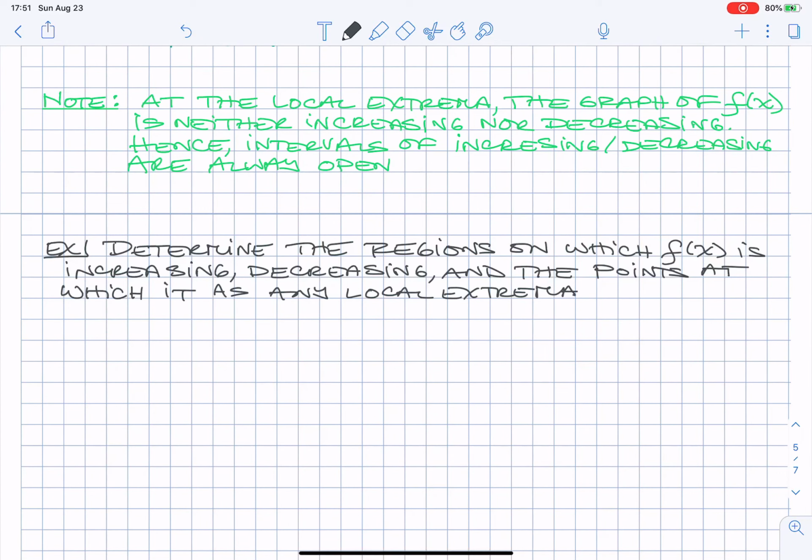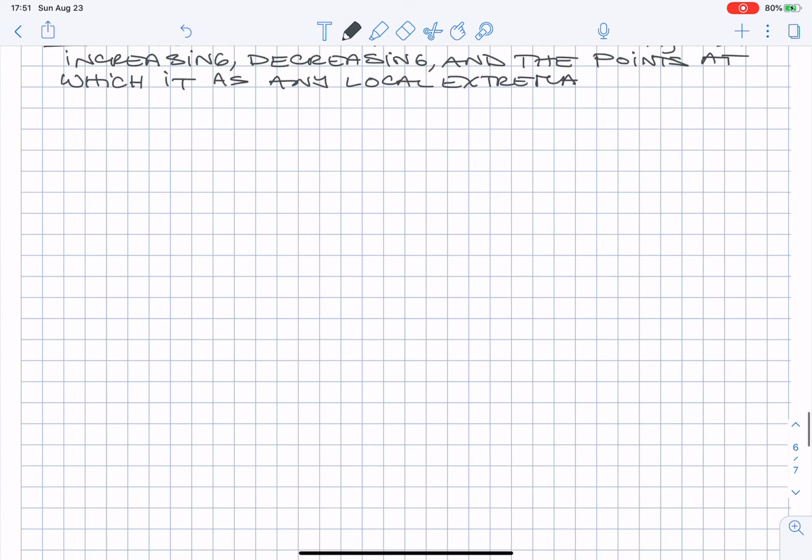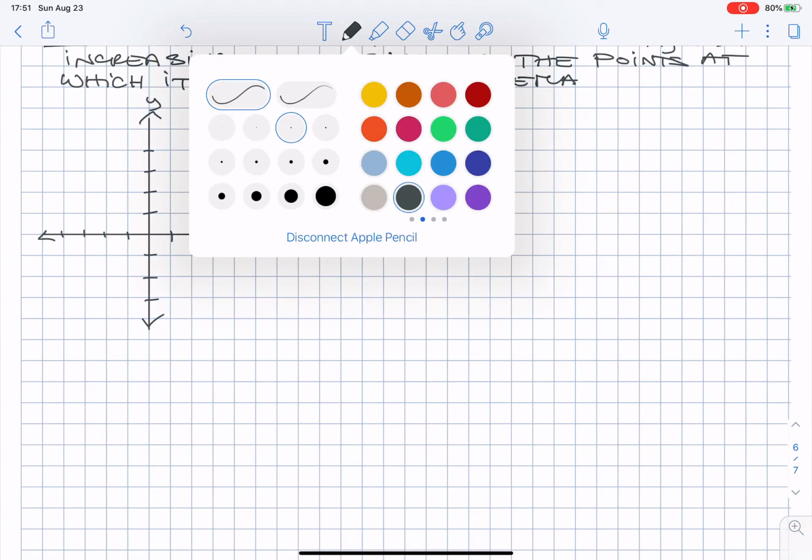Okay, so I'm going to give you a graph. So x and y coordinate axes. One, two, three, four. 1, 2, 3. 1, 2, 3, 4. 1, 2, 3, 4. Okay.